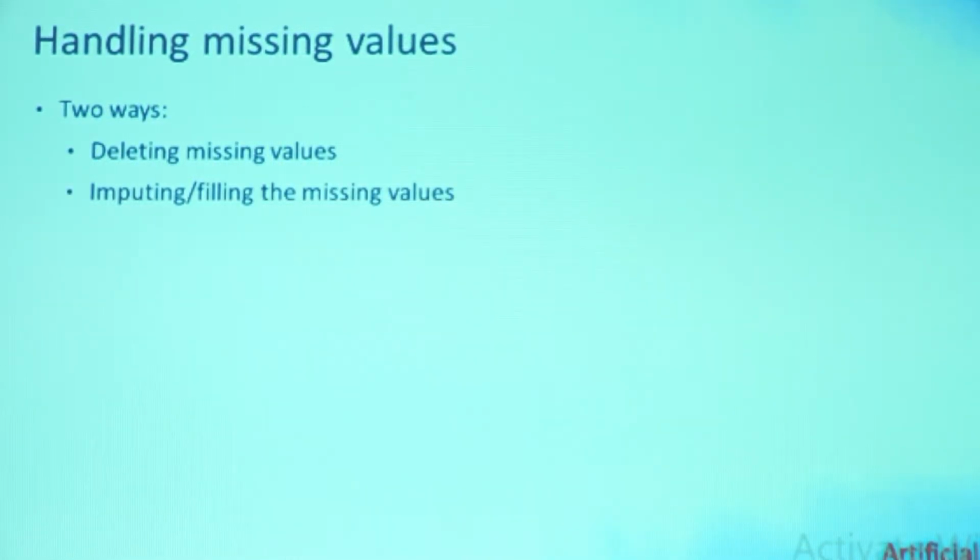So what are the two ways by which you can work with these missing values, guys? Either you can delete them if your application supports it, if the data is not so crucial. If it's a small number like 2-3 rows, delete it, no problem, it will not affect much.